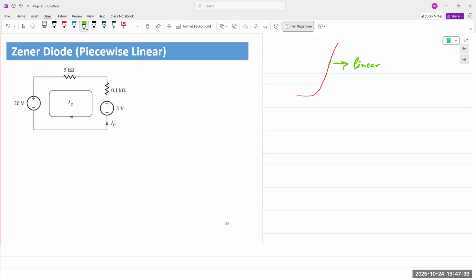Based on circuit conditions and the Zener diode value, what would be our logical assumption? On, right? There's only one answer, on. So let's assume that the diode is on.